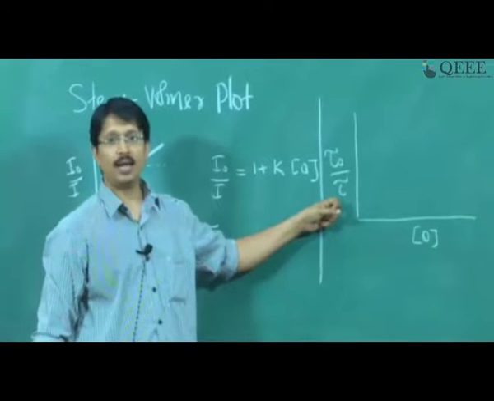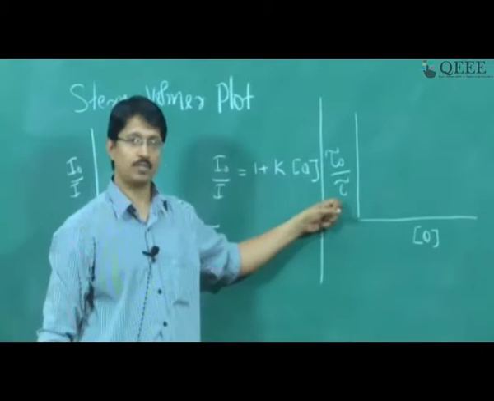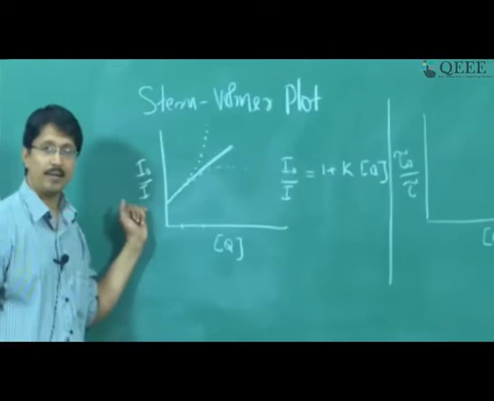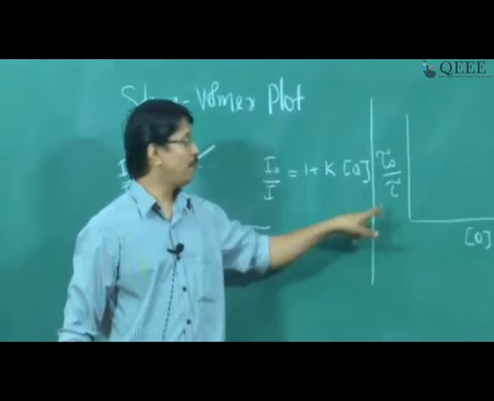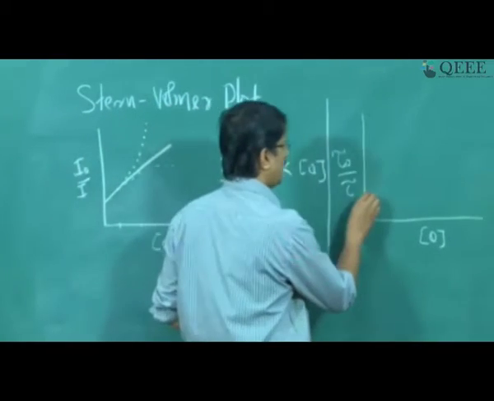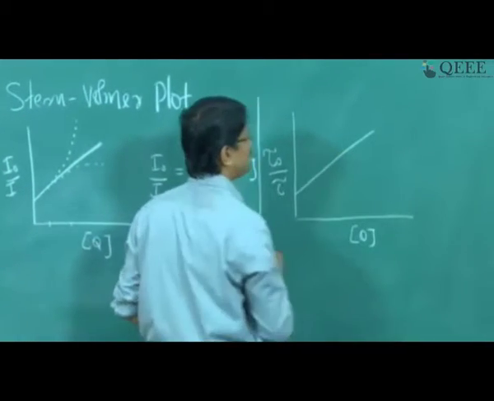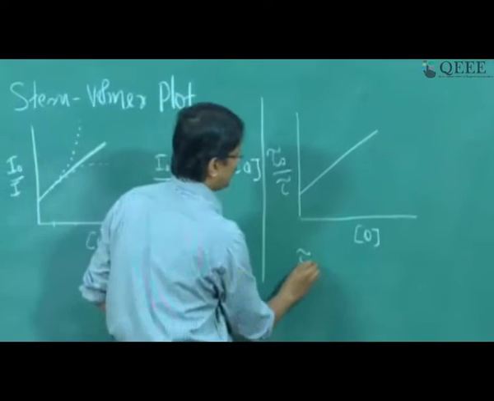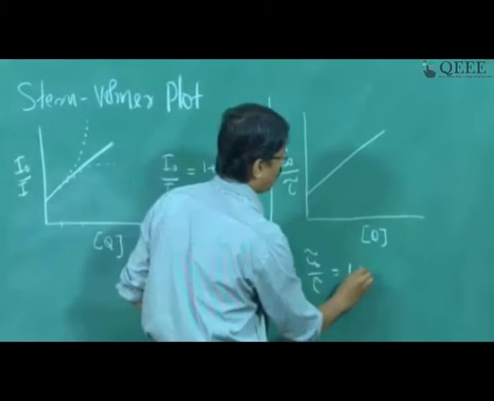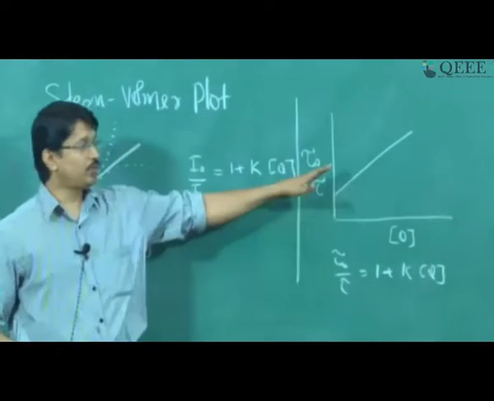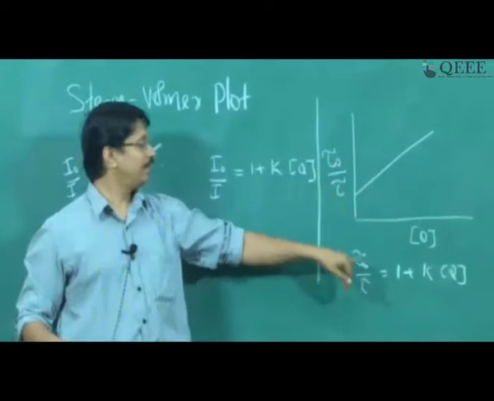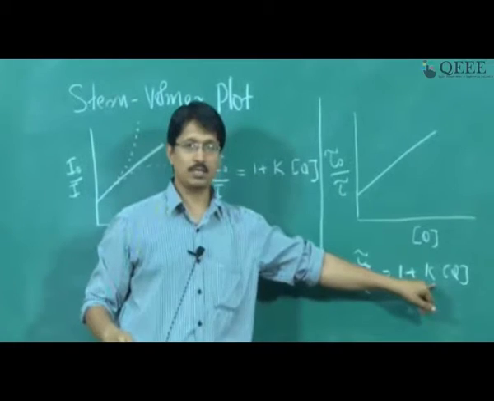Tau is the lifetime of the fluorophore in the presence of quencher. Exactly like here, I0 by I, you have tau 0 by tau. So when you plot this one, you are also supposed to get a straight line, because the equation will be tau 0 by tau is equal to 1 plus k into q. You are supposed to get a straight line with a slope of this constant.